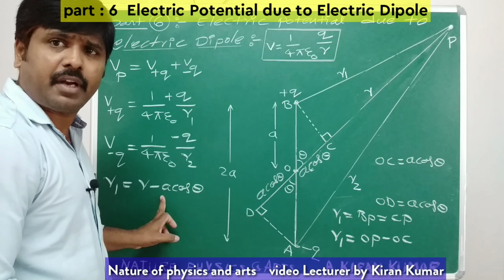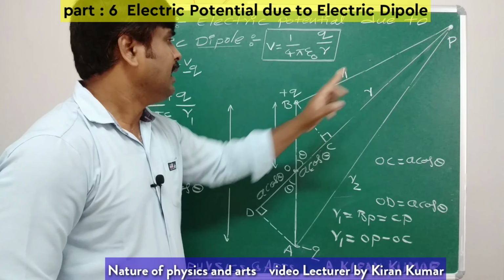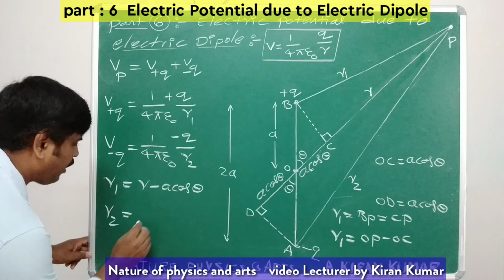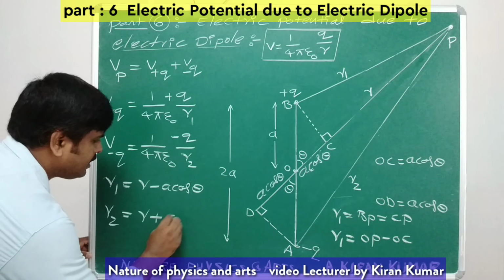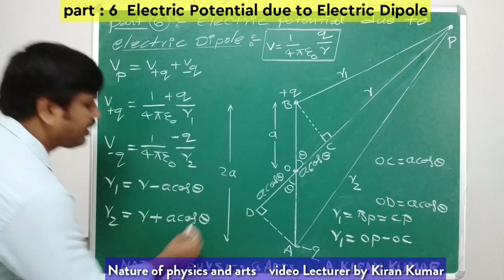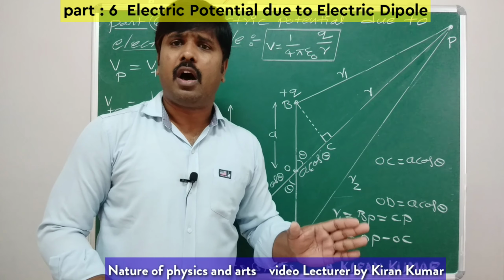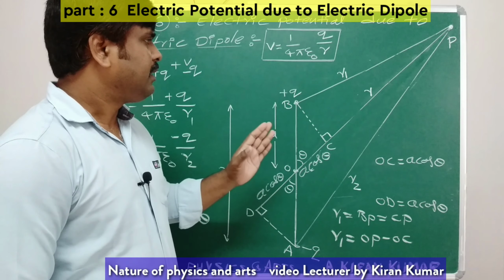And try to understand the R2 value. For R2, OP is R and OD is a cos theta. So the R2 value equals the OP length plus the OD length, that is R2 equals R plus a cos theta. Try to understand the R1 and R2 values based on the diagram.